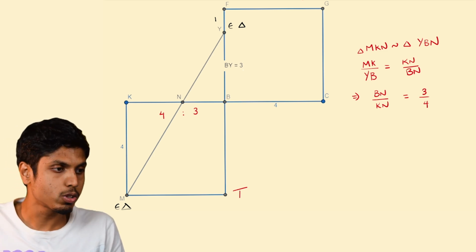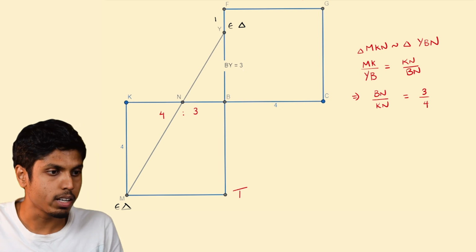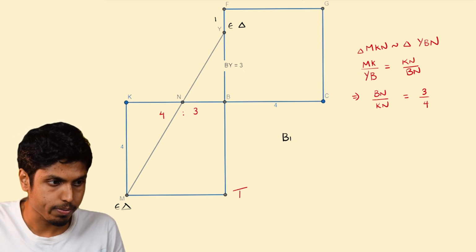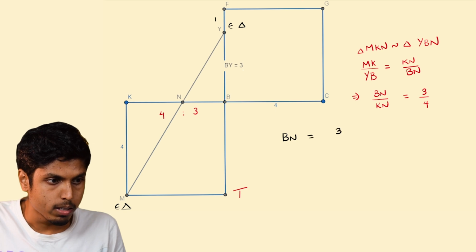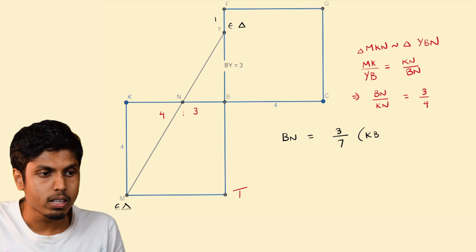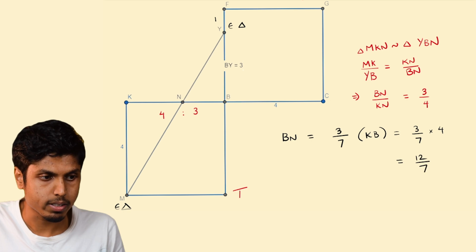So 3:4 is the ratio and length is 4. Hence BN equals 3 by 7th of the total length KB, which is 3 by 7 times 4, making it 12 upon 7.